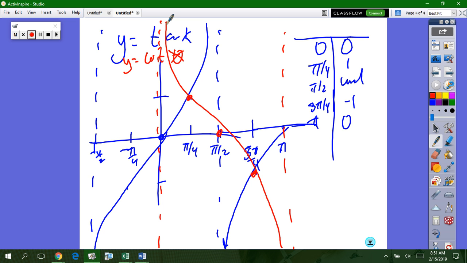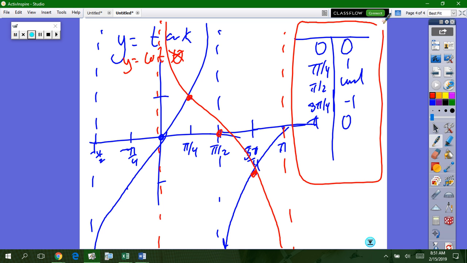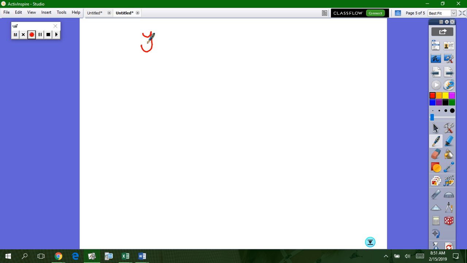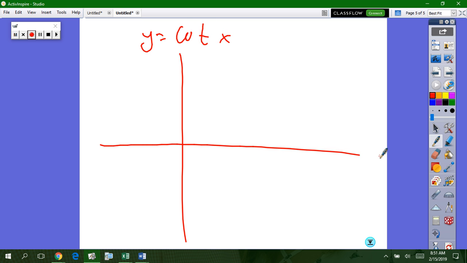I'll do that on a separate sheet. But all it is, if you know tangent, you're just doing the reciprocal of it, right? So the key thing is you've got to memorize this. That's what most people forget to do, is memorize that this is tangent. Okay? And then cotangent, we'll hurry and graph that one more time just so you can see it on a nice piece by itself.